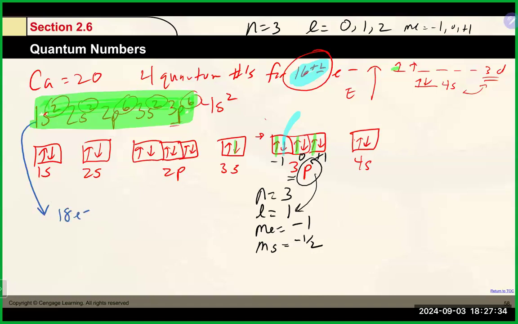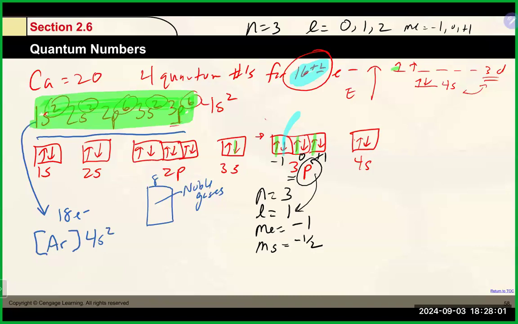If we go to the periodic table, number 18 is our friend argon. And argon is part of group 8 on the periodic table, which are the noble gases. And we could write a shorthand for electron configuration where we put argon in brackets, and that indicates the electron configuration for argon. And you can continue on with 4s2 if you like, and that is sort of a shorthand.